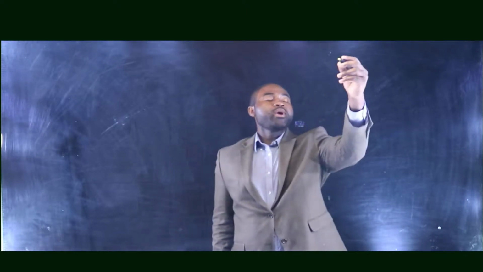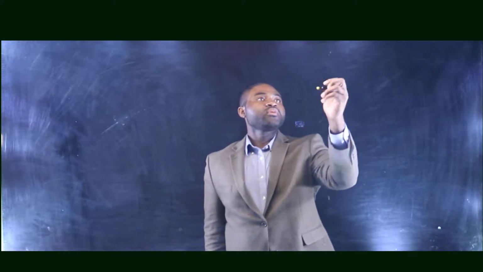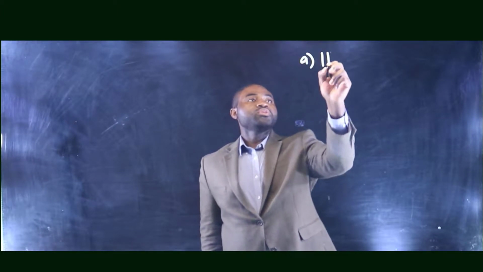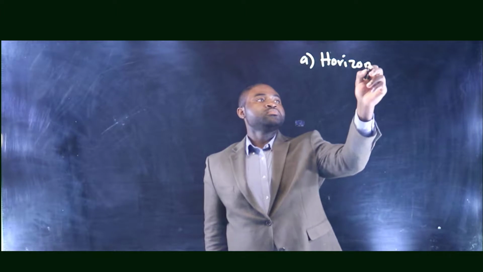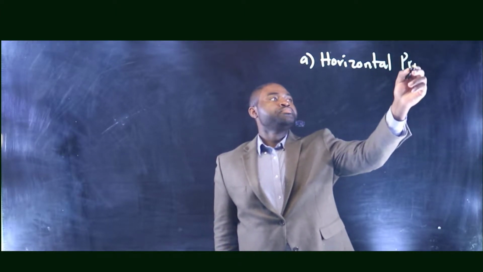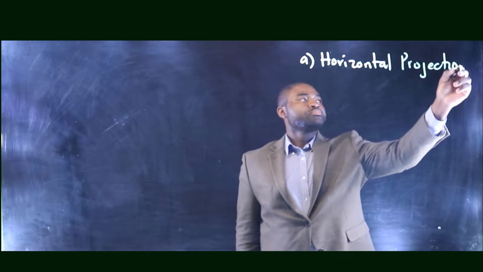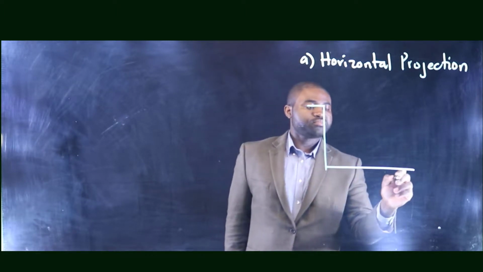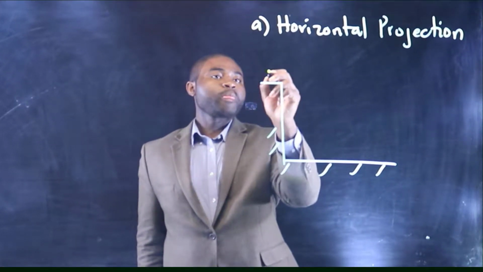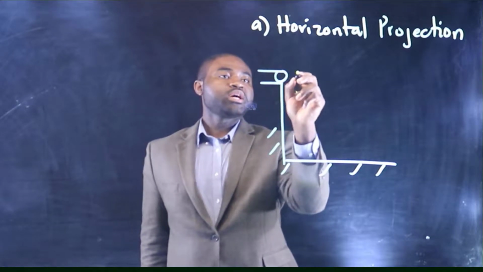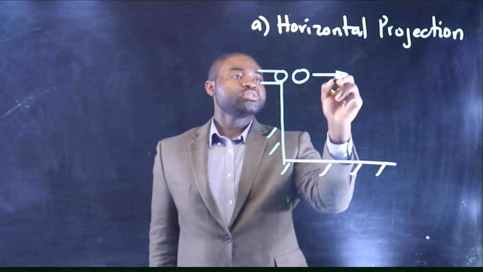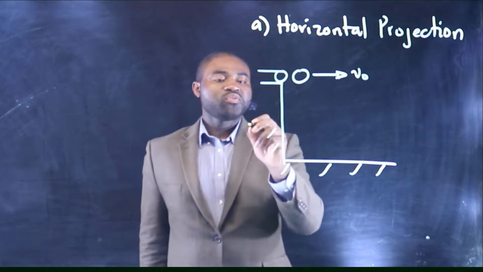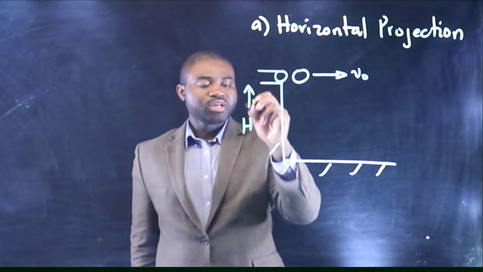So let's take, for example, let's start first with horizontal projection. Let's say we shoot a cannonball with a certain horizontal velocity v0 above a certain height h above the ground.